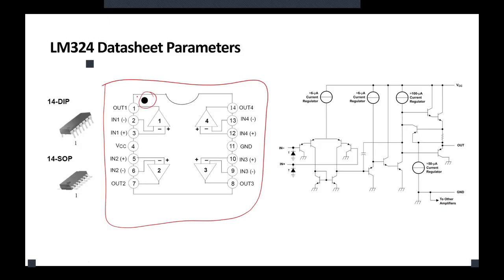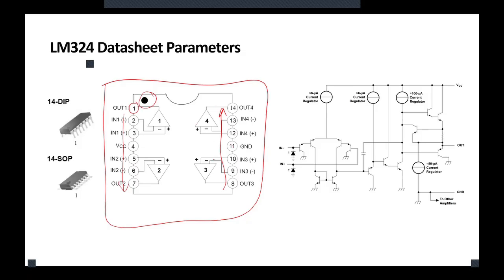This dot shows you how to identify the pins and number them. The closest pin to that dot is the first pin, and then you count downward 2, 3, 4, 5, 6, 7. On the other side, you count upward 8, 9, 10, 11, 12, 13, 14.